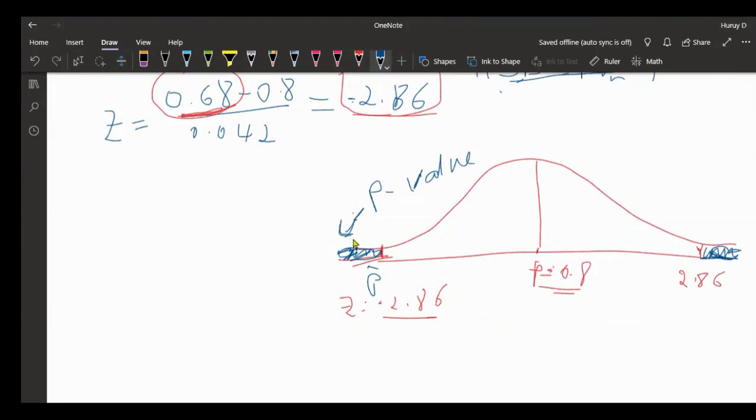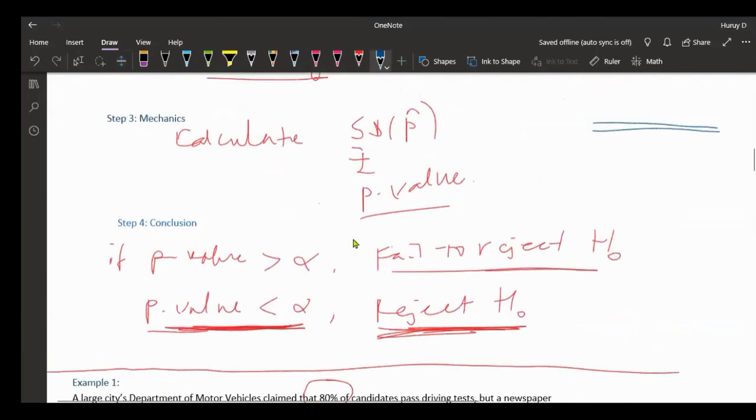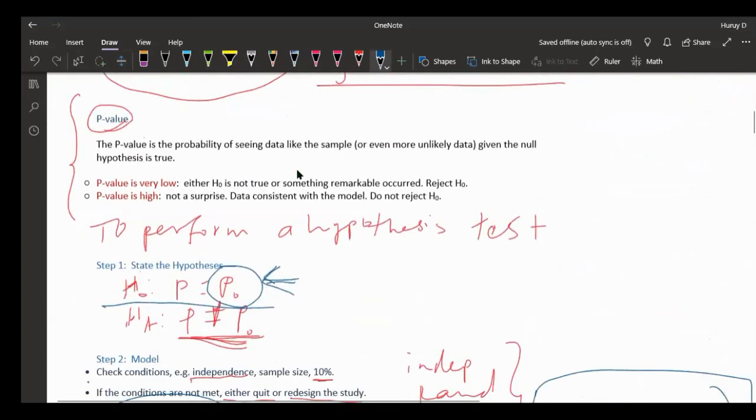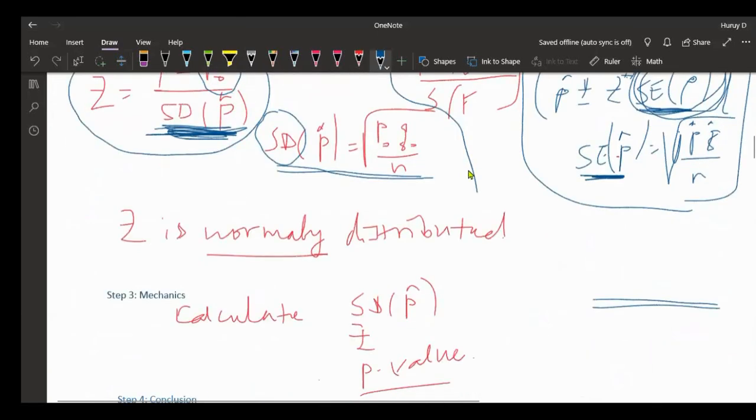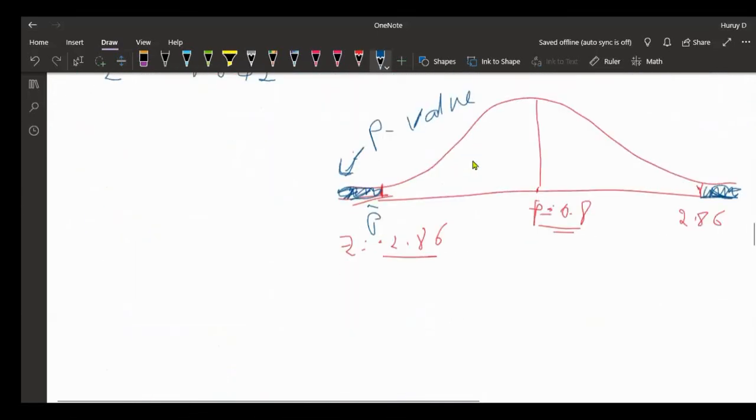Now, I'm going to go up to the definition and see what p-value says. So the p-value is the probability of seeing data like our sample. Our sample is negative 2.86. So it's the probability of seeing data like our sample, or more unlikely data. If it is more unlikely, what do we expect? We expect it to go further and further to the left, and similar to the right.